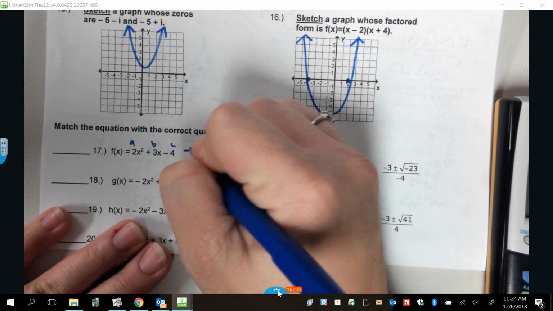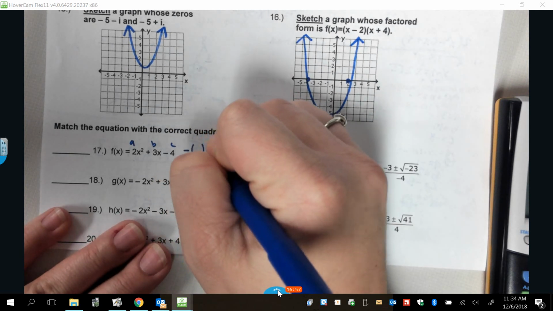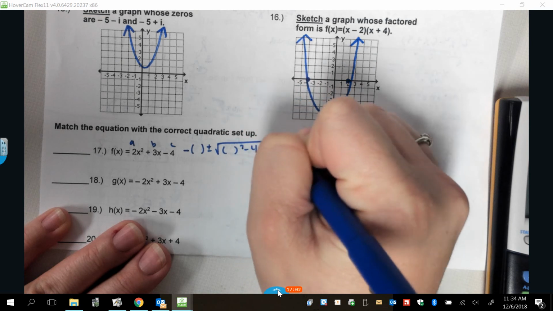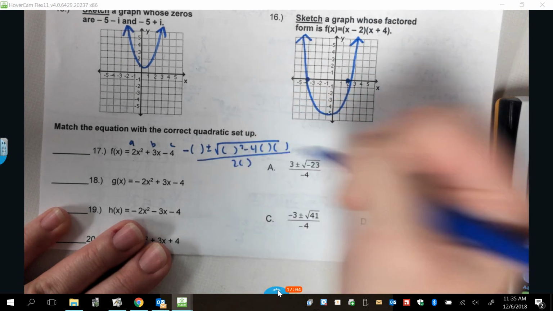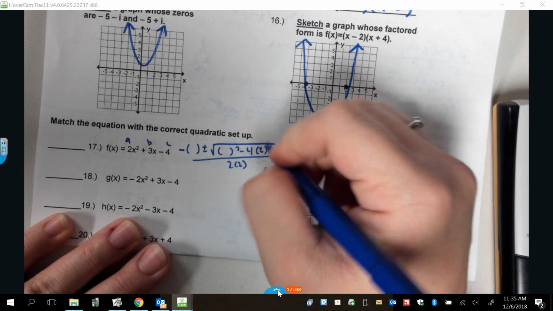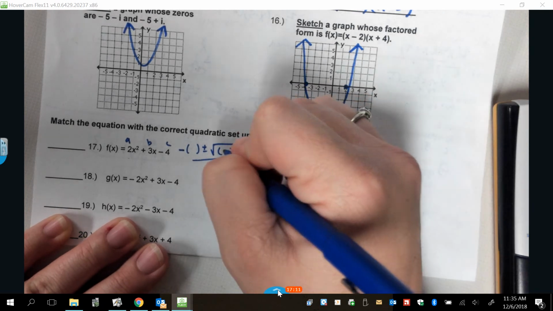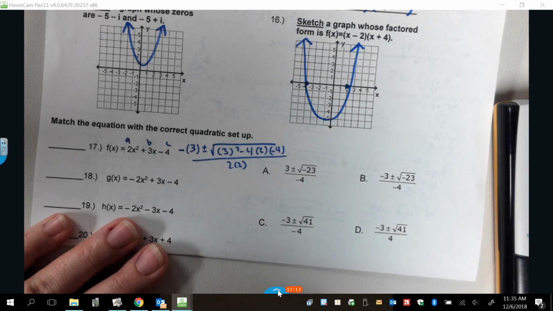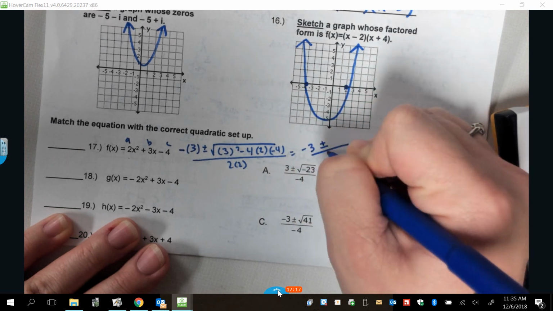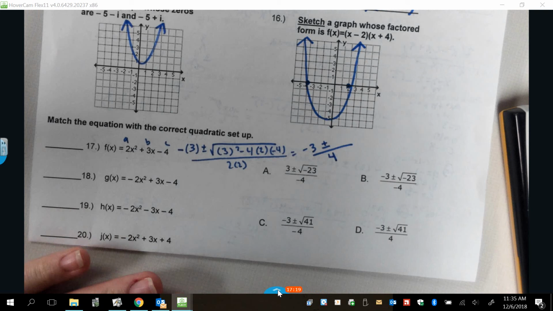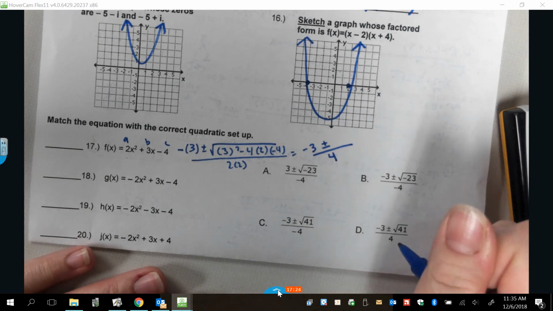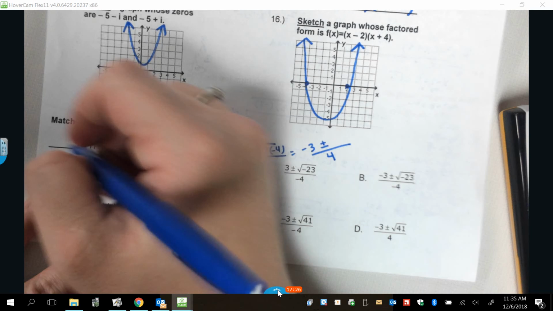Negative b plus or minus the square root of b squared minus 4 times a times c, all over 2a. Okay, a is 2, c is -4, b is 3. So I know it's going to be -3 plus or minus over 4, a +4. So right away I should know it's D, because it has a +4 on the bottom.